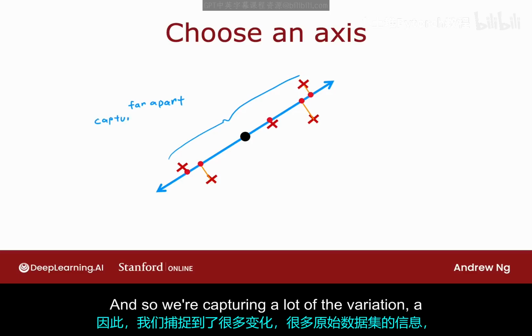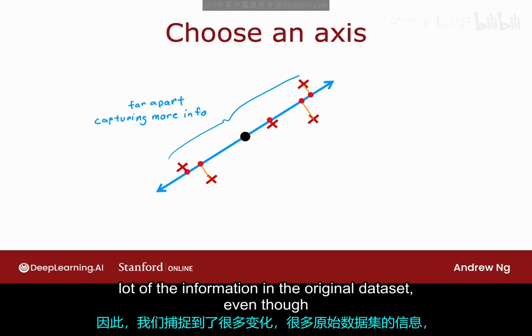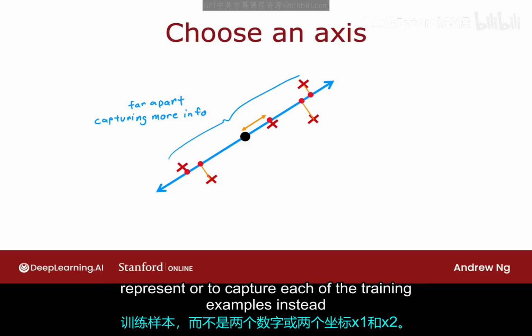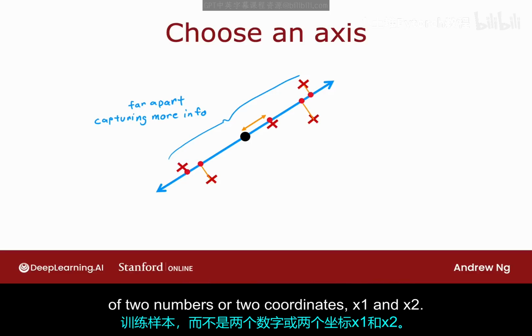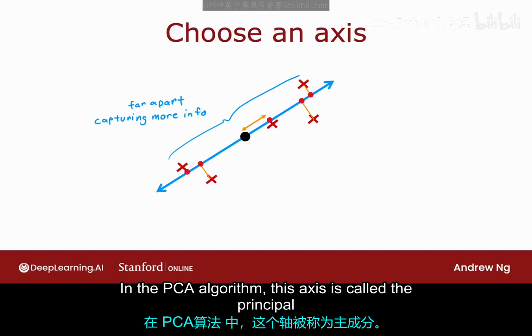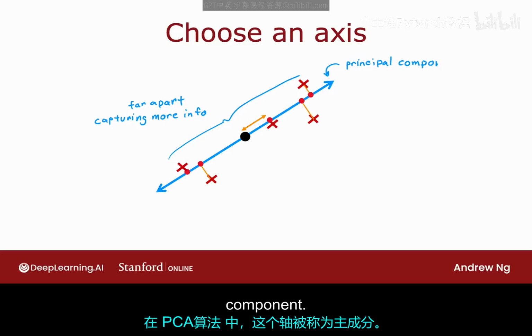And so we're capturing a lot of the variation, a lot of the information in the original data set, even though we're now using just one coordinate or one number to represent each of the training examples instead of 2 numbers or 2 coordinates, x1 and x2. In the PCA algorithm, this axis is called the principal component.